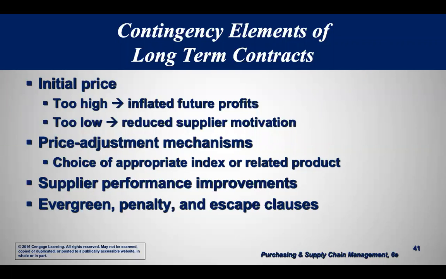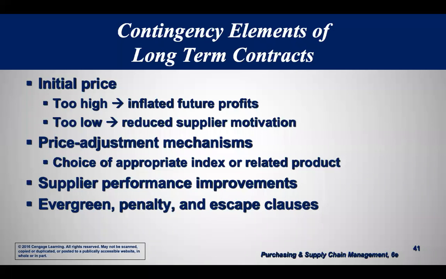So you're going to pay even more, too much. But if your initial price is too low and you force the supplier to sign up, then they're not really motivated to do you a favor. And if they find a different customer, they're more likely to sell to them than to sell to you.